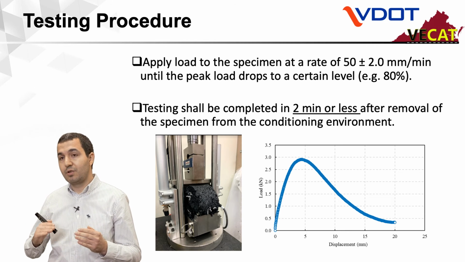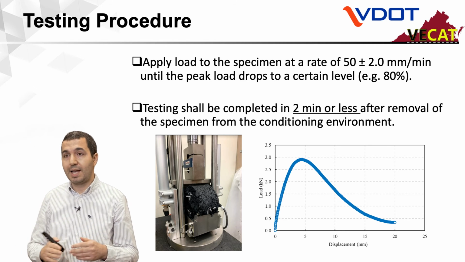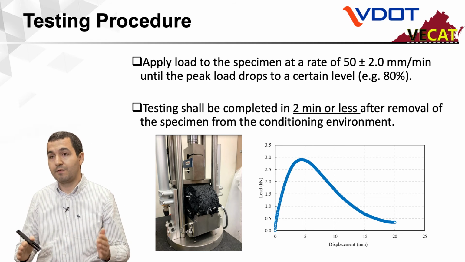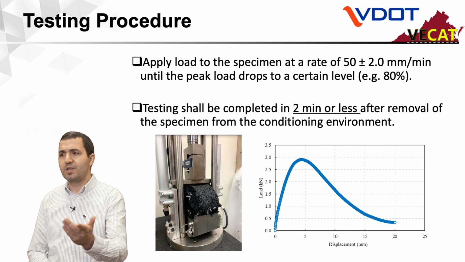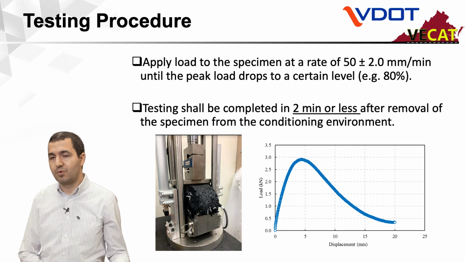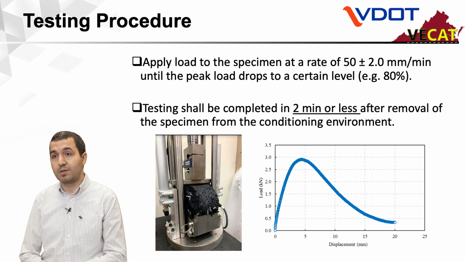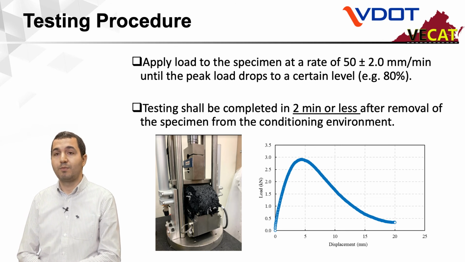So as long as you reach the peak load and it drops to, let's say, 80% of the peak load, then you are fine to stop the test. Just like the TSR test, once you reach the peak load, you could stop the test when you drop down to 80% of the peak load.